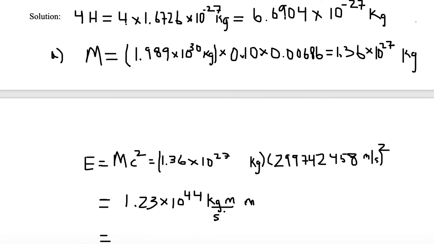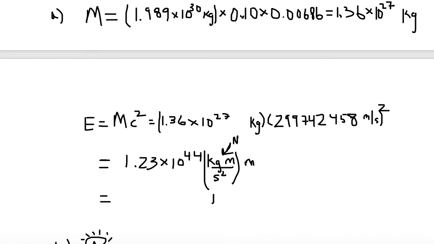Well, a kilogram meter per second squared is just a Newton. So we have a Newton meter, and that Newton meter is another name for joule. So we end up having a result of 1.23 times 10 to the 44th joules.